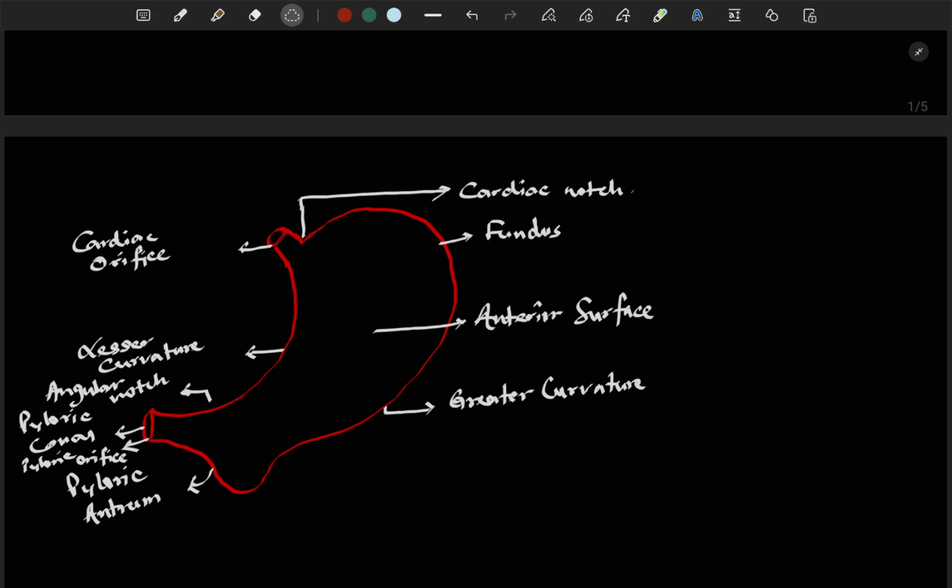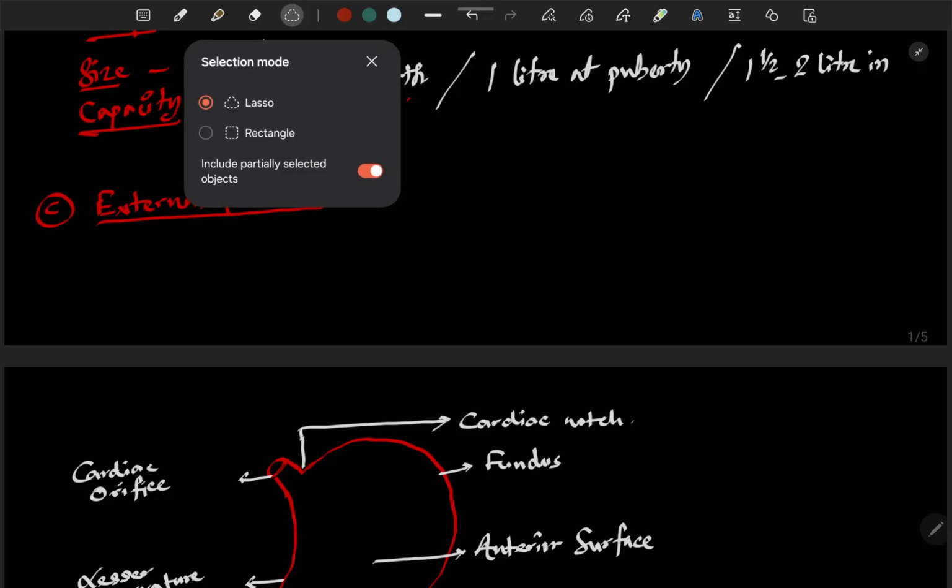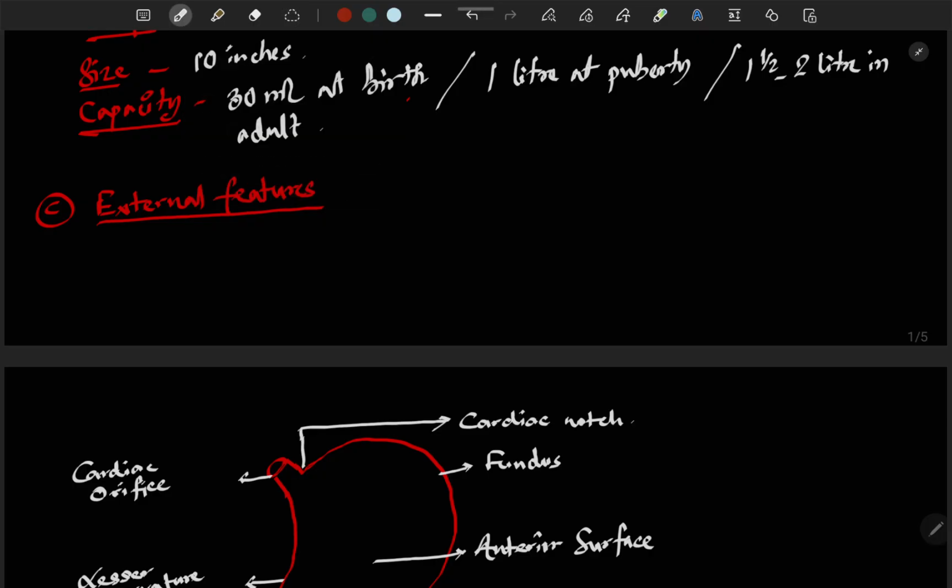This portion is the external features of the stomach. In the stomach, there are two orifices, two curvatures, two surfaces.